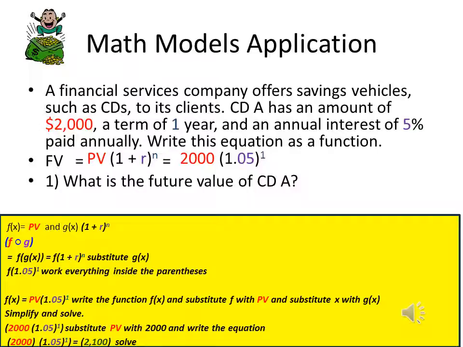Now all we have to do is simply solve. 2,000 times 1.05 would equal $2,100. If you answered A on the last question, then you got it correct.